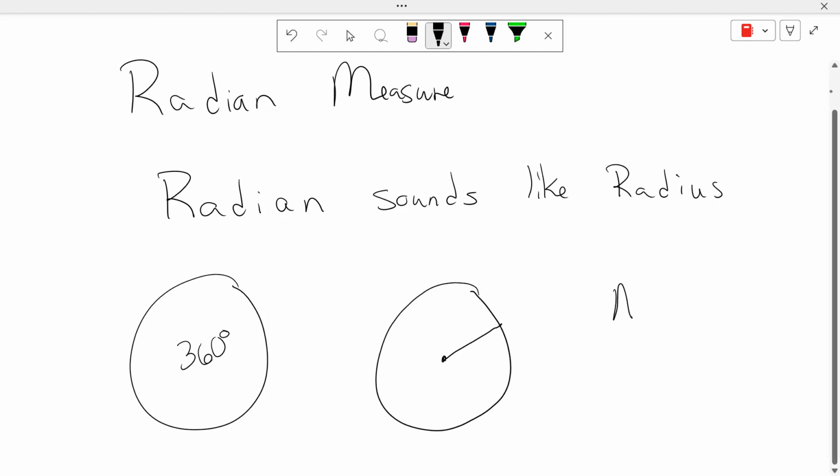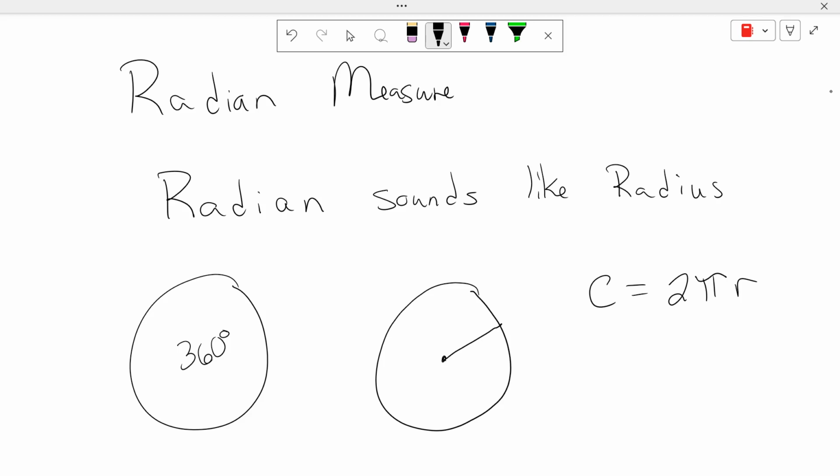To find the circumference of the circle, it's 2 pi times the radius, right?